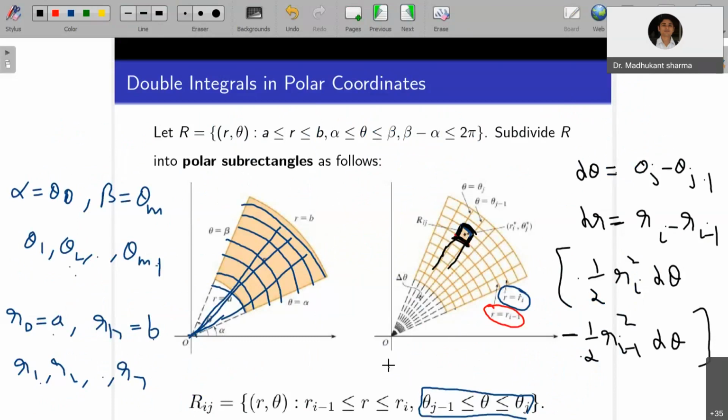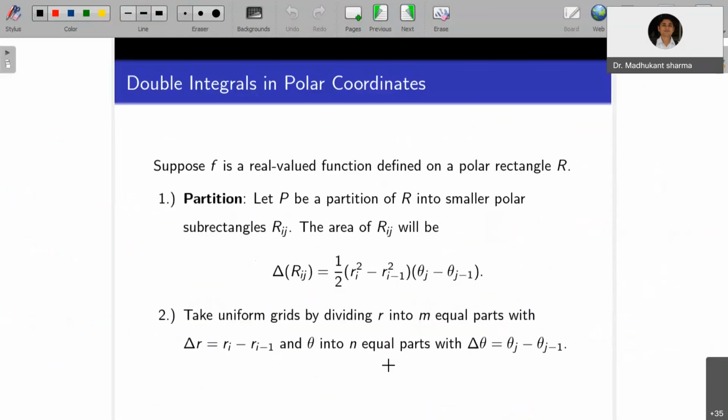So this is how the double integral in polar coordinates works. Suppose f is a real valued function defined on a polar rectangle R. You have to partition that polar rectangle along r and along theta. I have shown you the area of the polar rectangle Rij is this.